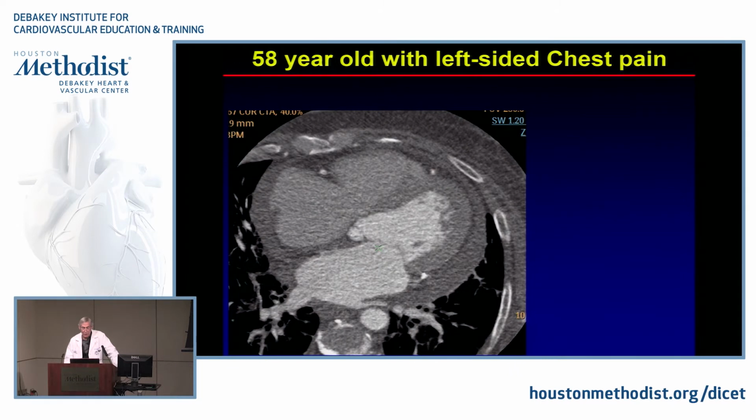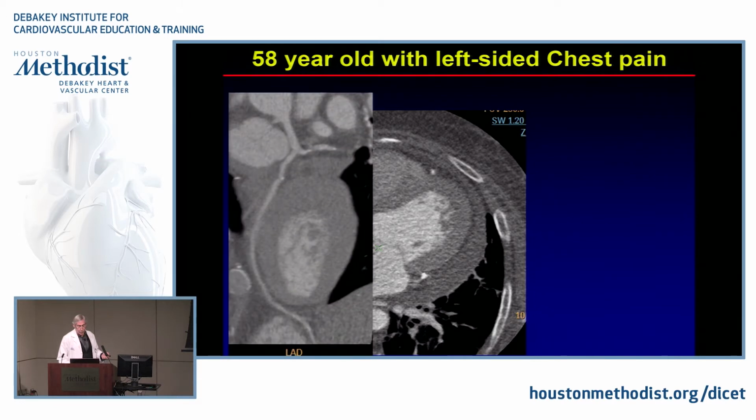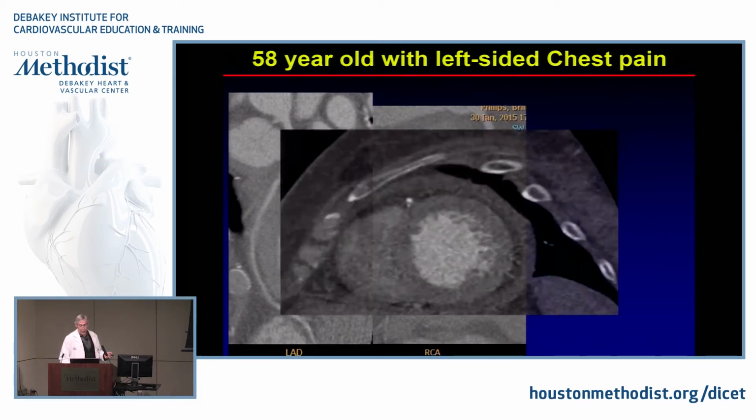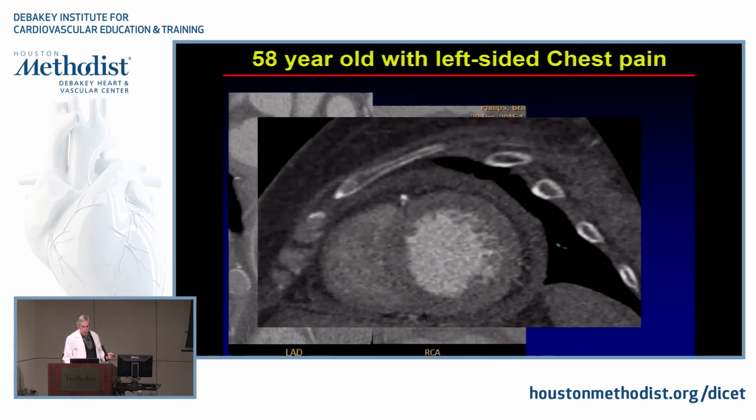So indeed, the patient went on to have a CT because, again, the question was whether this was really a non-ischemic or ischemic cardiomyopathy. The patient did have a circumferential pericardial effusion, and as it turns out, had non-obstructive coronary disease.